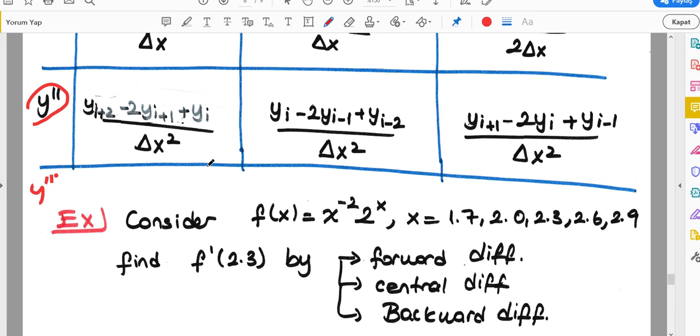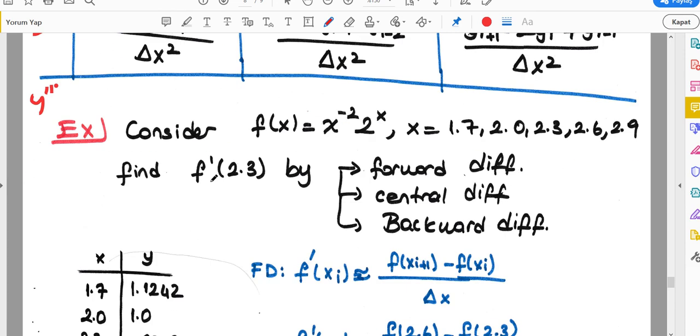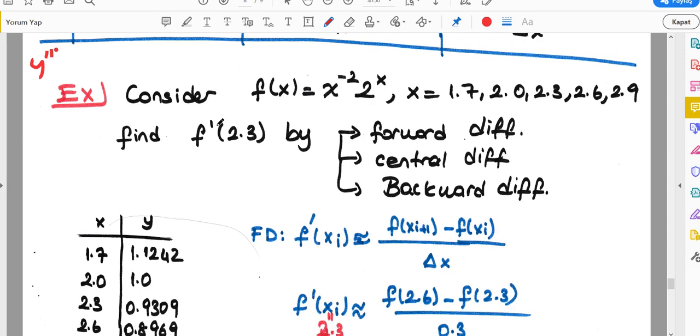Okay, so up to here, guys, we just completed the theoretical background of the central difference, forward difference, and backward difference formalization. Now I want to show you a numerical example. In face-to-face education, I did not give any time or any questions for this type of numerical exercise.